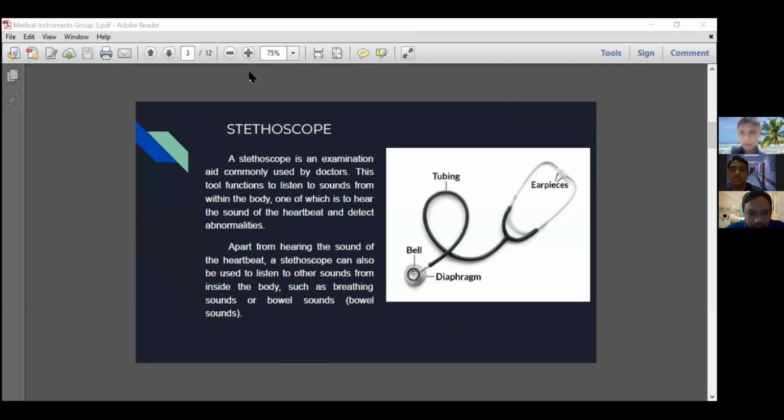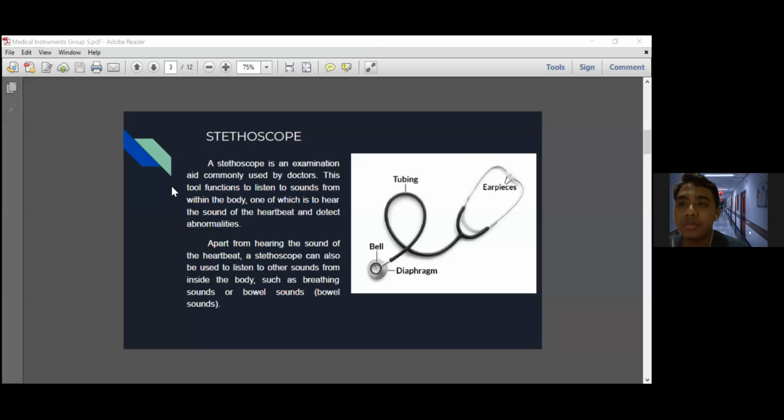This tool functions to listen to sounds from within the body, one of which is to hear the sound of the heartbeat and detect abnormalities. Apart from hearing the sound of the heartbeat, a stethoscope can also be used to listen to other sounds from inside the body, such as breathing sounds or bowel sounds.